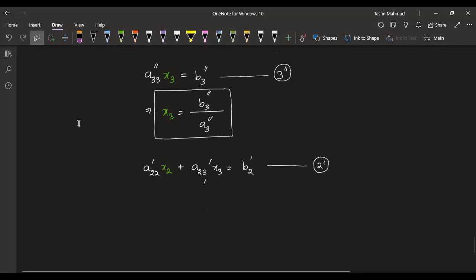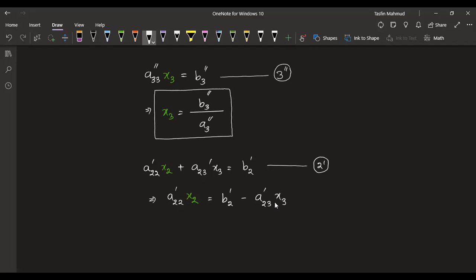So for this, if I just write it in this way, a2' x2 would be equal to b2' minus a3' x3.